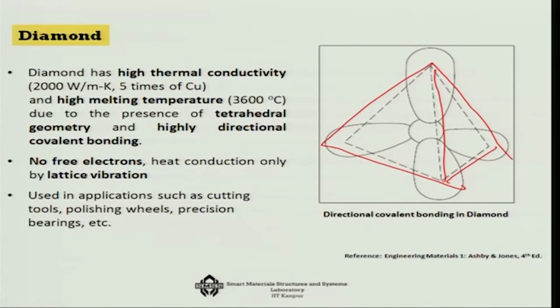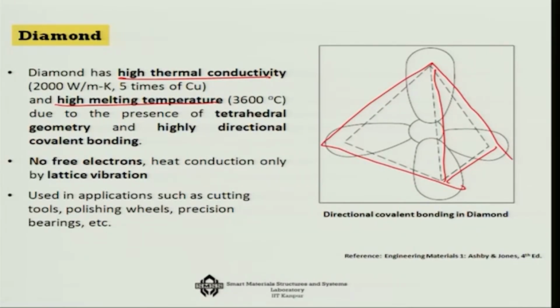Of course, it is highly directional, which means it is strong in a particular direction, but the bond energy is very high, and hence diamond has the highest melting temperature, the highest thermal conductivity, and also one of the highest hardnesses. As you have seen in the hardness scale, we have shown diamond to be one of the hardest materials.